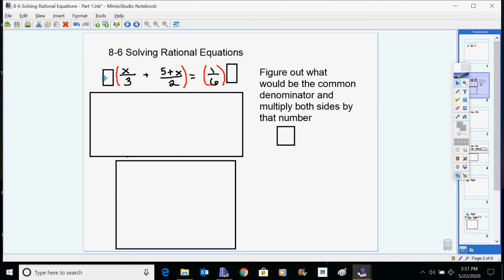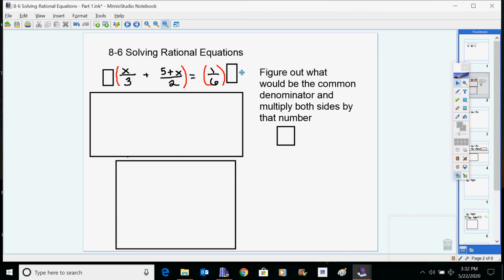You know that we have a rule that you can always multiply or divide both sides of an equation by the same thing, and that's going to keep everything equal. So what we want to do is figure out what number would be the common denominator. If we can figure that out, that's going to be our key number in order for canceling things out.